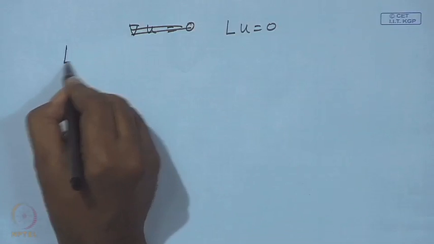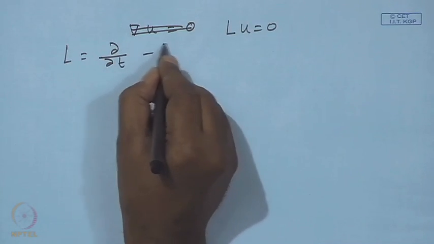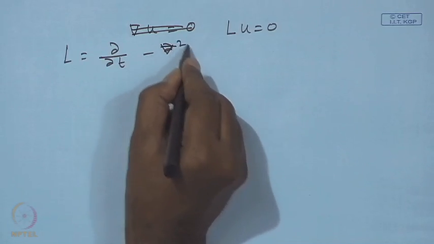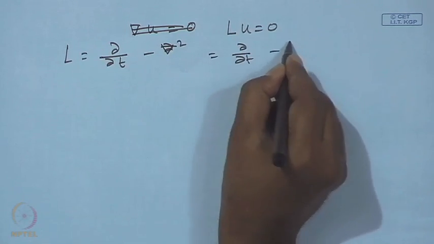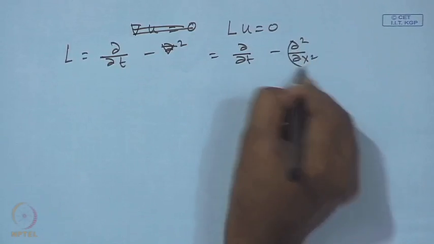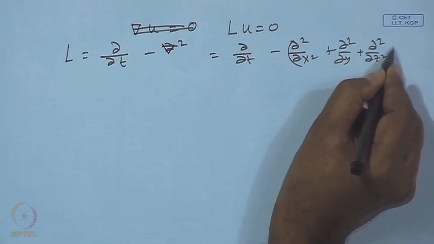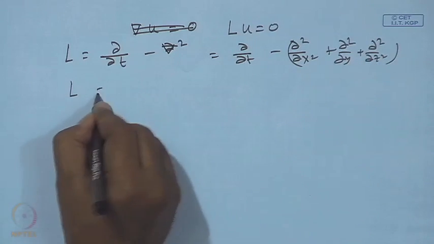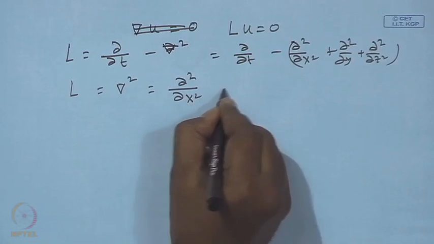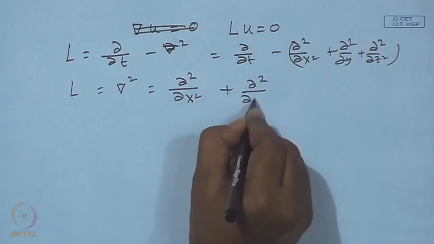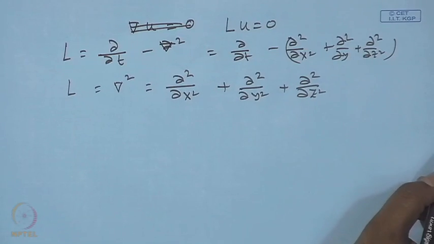That means, this L can be a Laplacian operator, it can be a parabolic operator, del t minus the Laplacian, that is del t minus del square del x square plus del square del y square plus del square del z square, or it can be entirely a Laplacian like del square del x square plus del square del y square plus del square del z square.